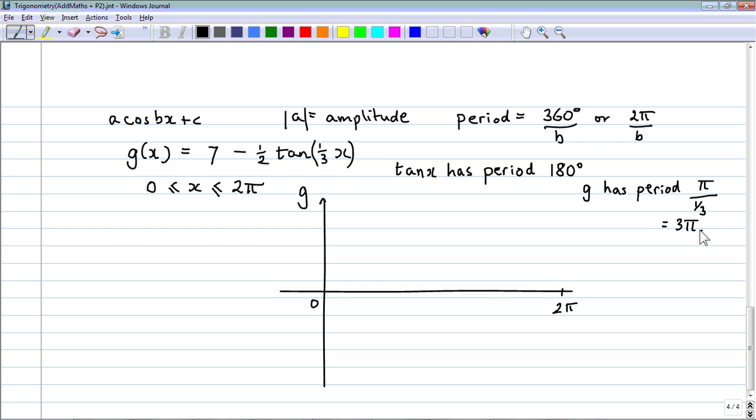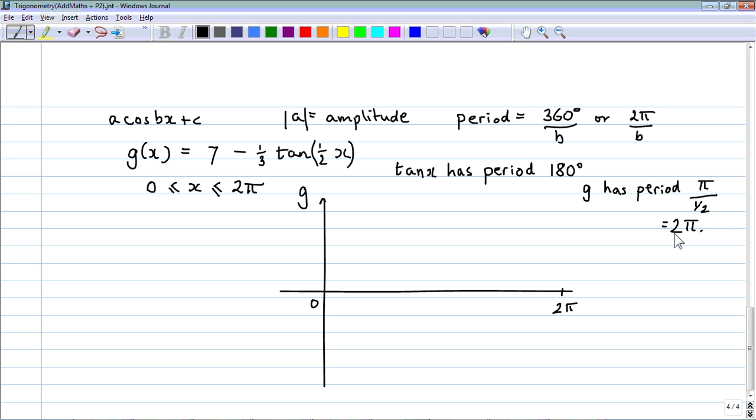Sorry, let me change that to 1/3 and that to 1/2. Sorry if that's annoying to anyone, but it's going to work out better. So this would actually be 2 pi, not 3 pi. So I know now that I've got a complete period of this graph being marked out.